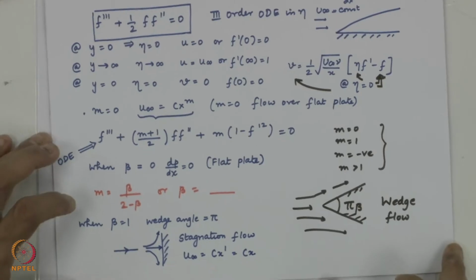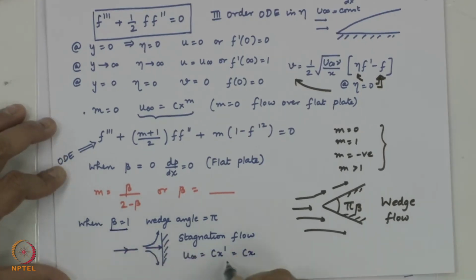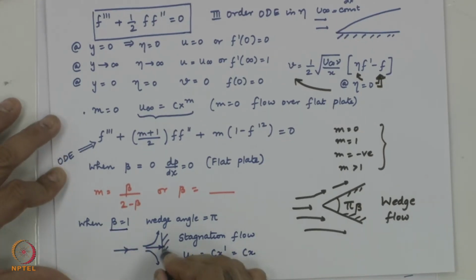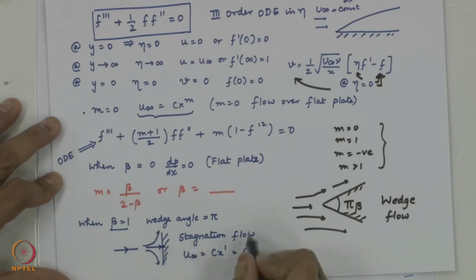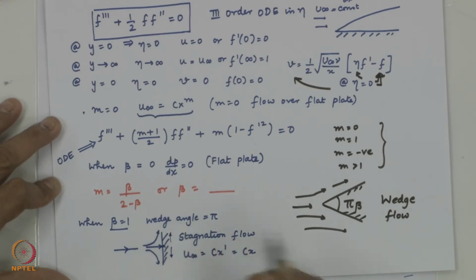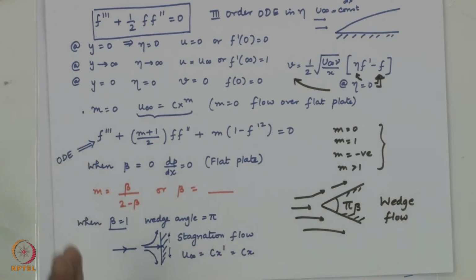So, stagnation flow is another class of problems where you have flow hitting here, reaching the stagnation point, and then u is equal to C times x. So, along the direction as the jet spreads out, u infinity is going to be equal to Cx. This is another class of problems.